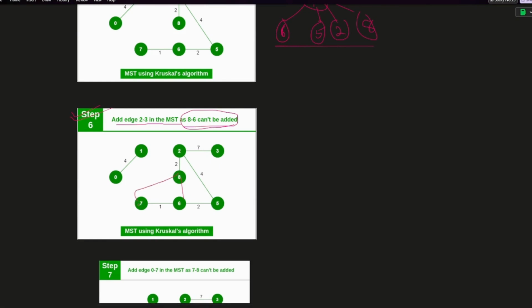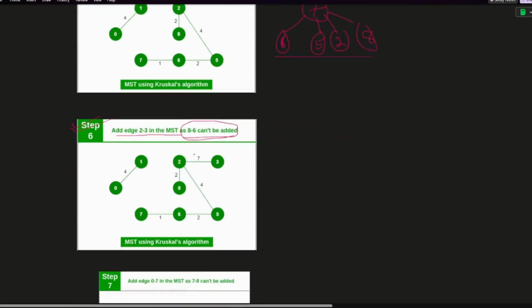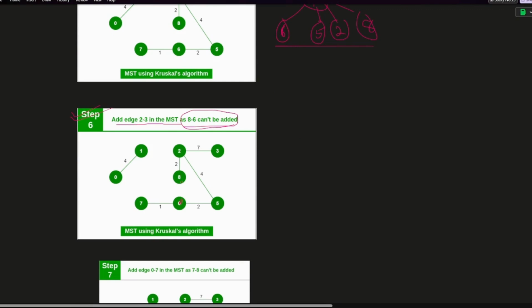Even from this to this would form a cycle. If you notice, these two nodes are connected directly or indirectly. They're connected: 8, 2, 5, 6. And 6, 5, 2, 8.